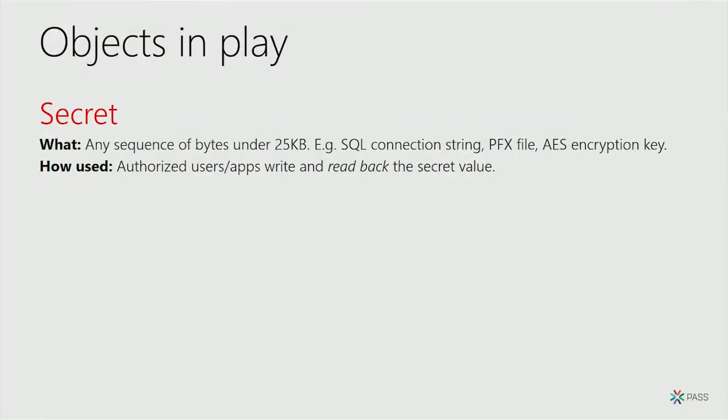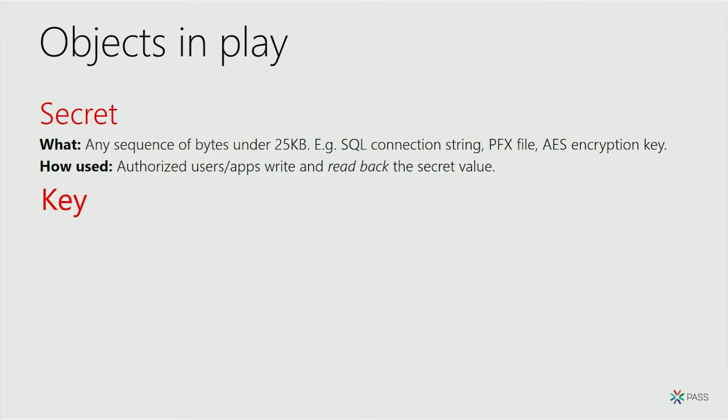So let's see which objects we have in our process, what we need to know. There is a thing called a secret. A secret is just a definition. It means it can be anything. It can be a connection key, a PFX file from a private key, an AES encryption key, everything you want to use with the key. It's not the key itself.